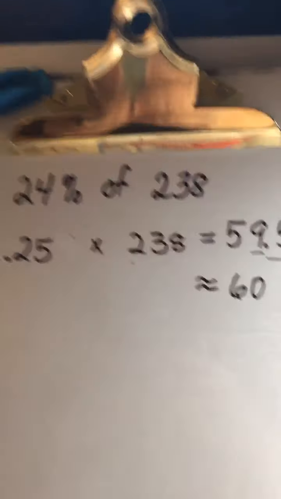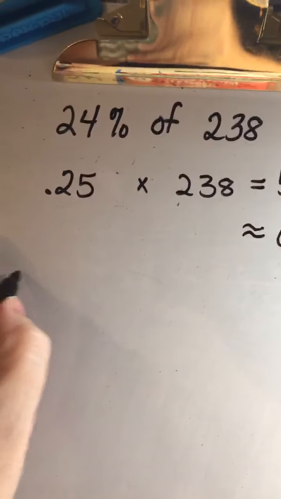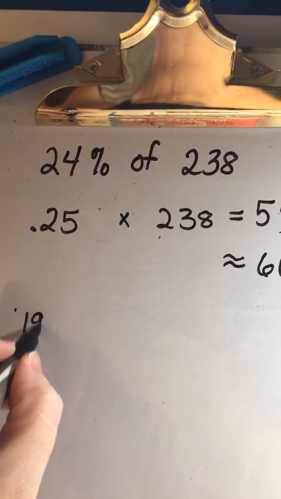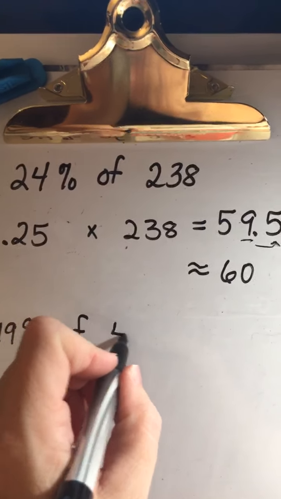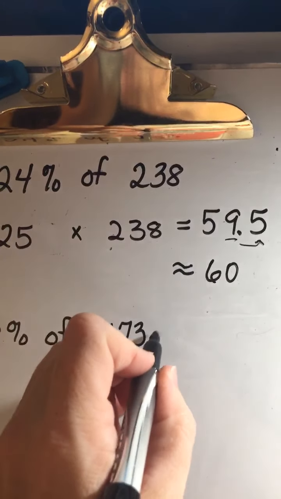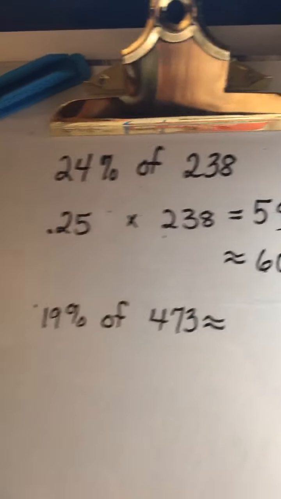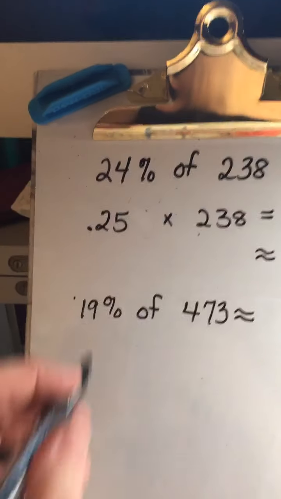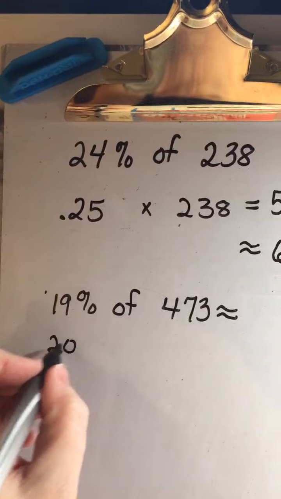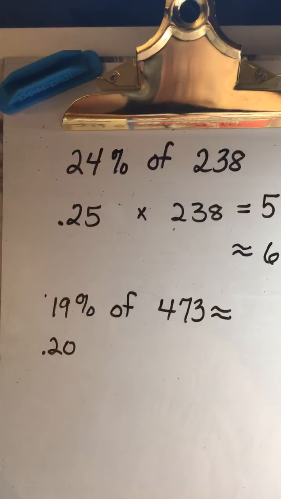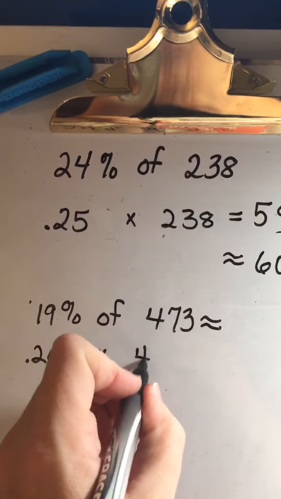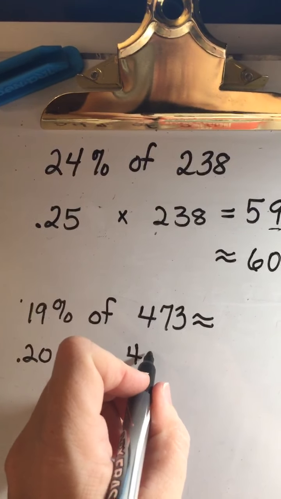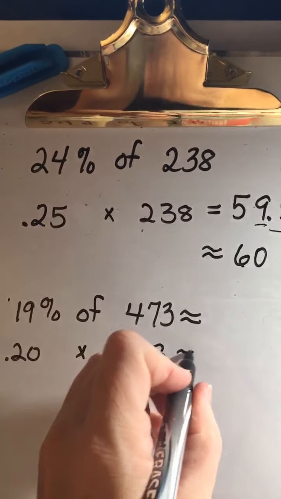So you can do 19%, letter B. We have 19% of 473 is approximately how much? Well, let's try 20% with the decimal point over 2 places to the left times 473.